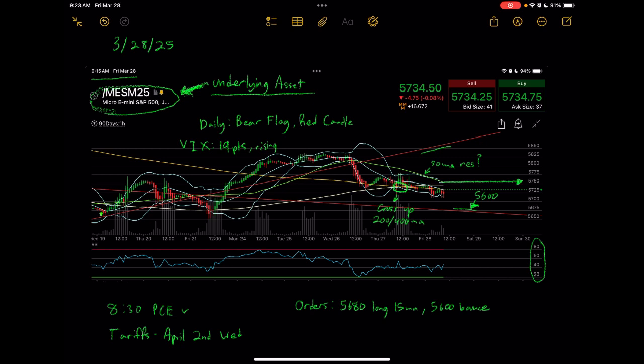What this means is that when this drops and then comes back up to this level, wherever this 50 MA is for the day on the hourly, I'm looking for it to bounce down. So like here, it bounced down. Here, it bounced down. I'm looking for confirmation, something like this. You know, if it's going to go, it's going to go.